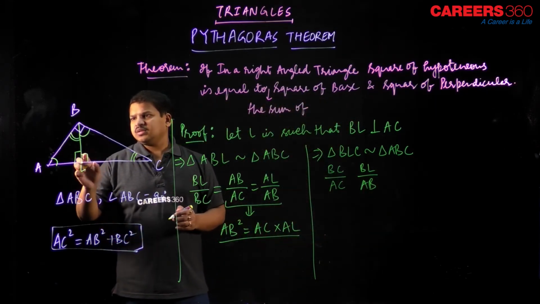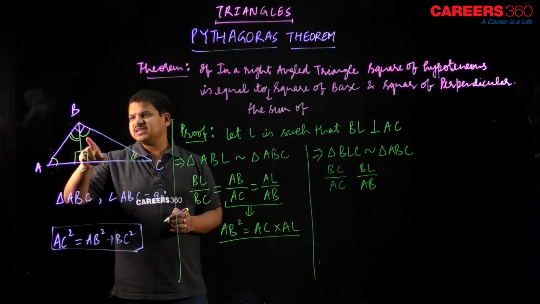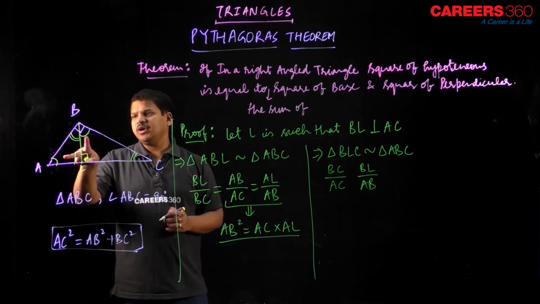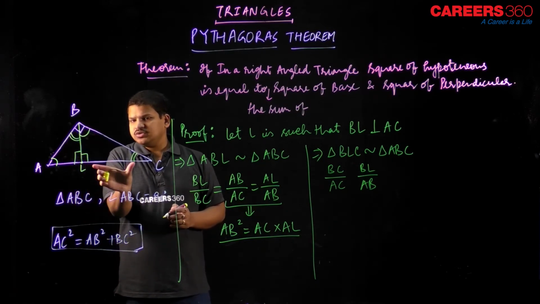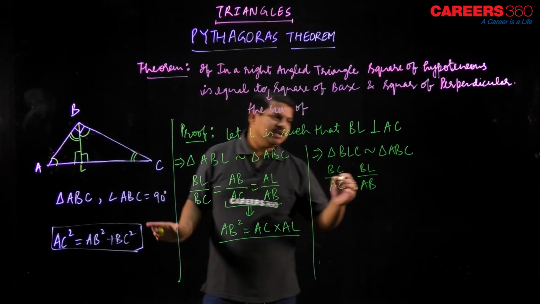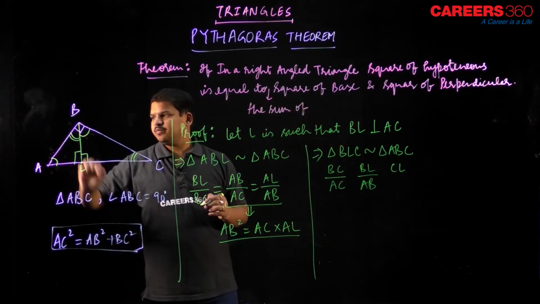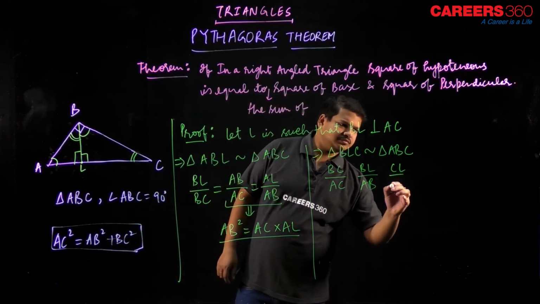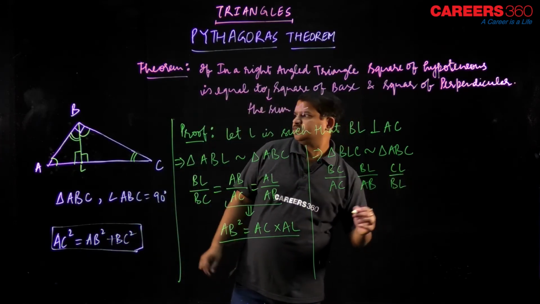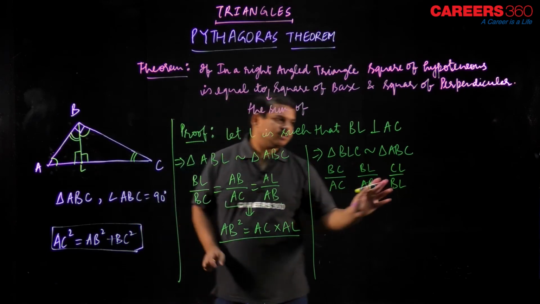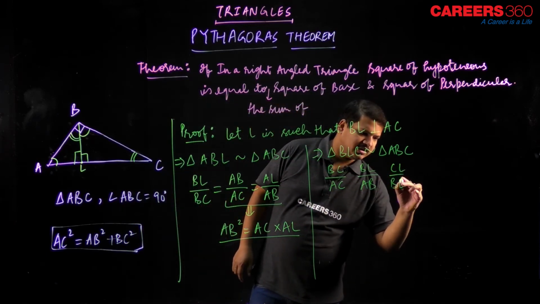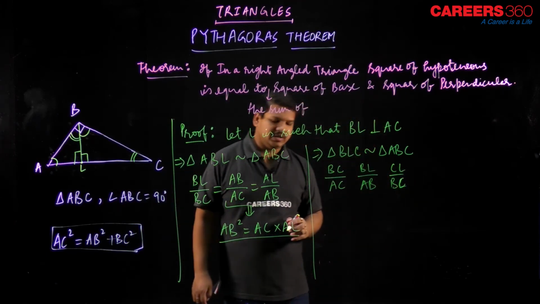Similarly, the last angle is this one, so these two are common to each other. The side opposite to this is CL, and the side opposite to this is BL, and in the bigger triangle BC, right?